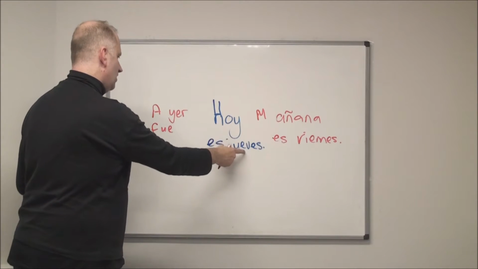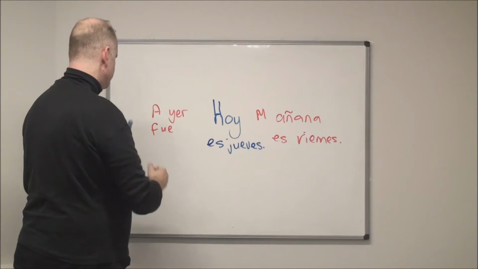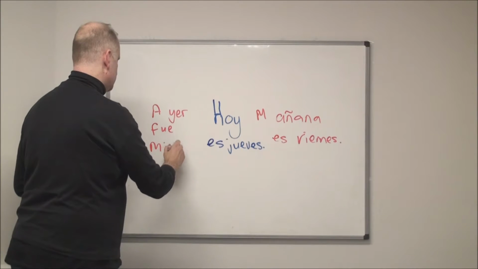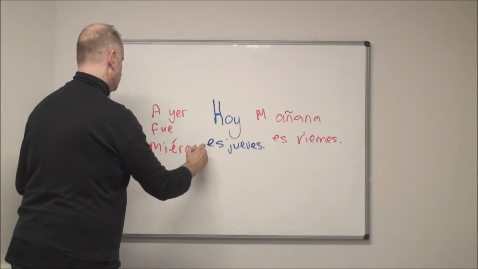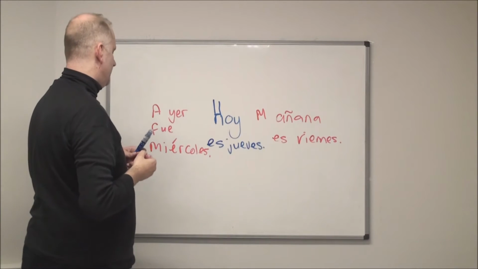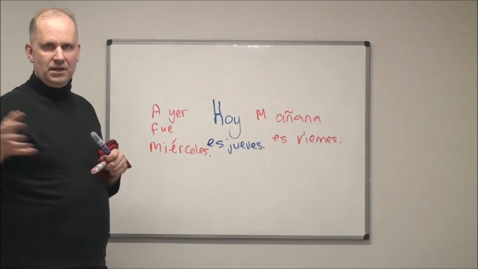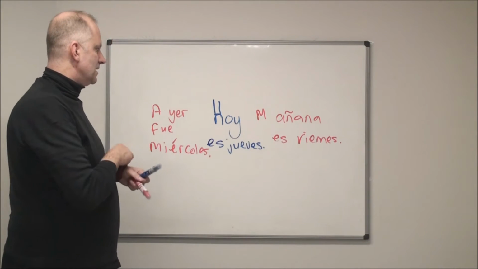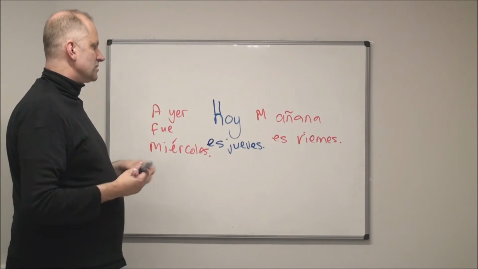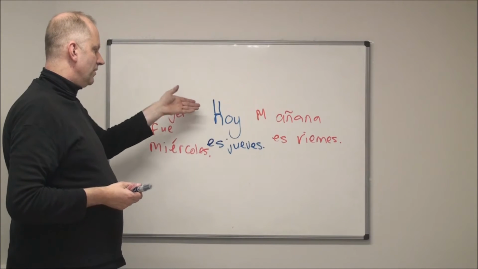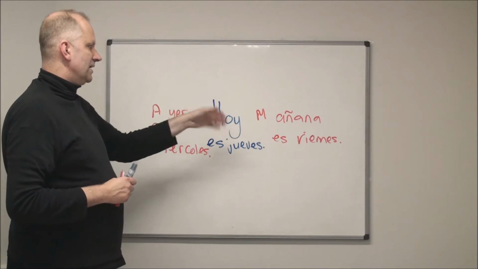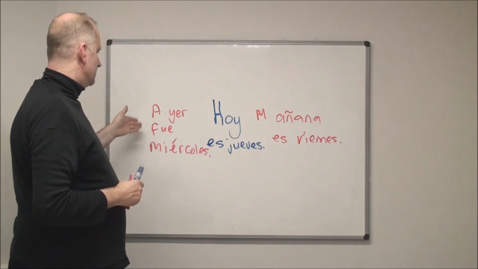So today is jueves, yesterday was miércoles. Ayer fue miércoles. So just think about what today is and make a sentence. For example, if today is Monday, say hoy es lunes, mañana es, ayer fue.